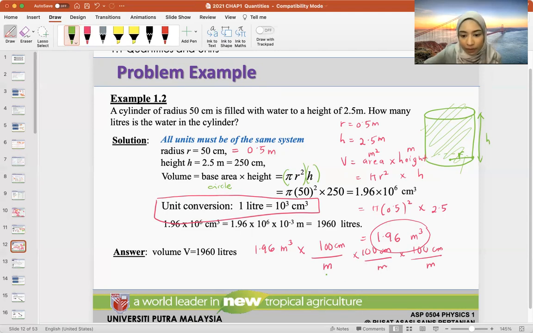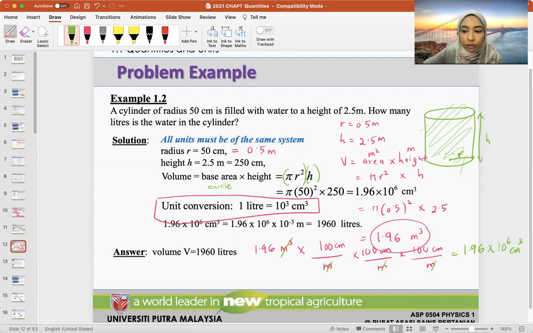So now I can cancel out 3 meters, and I get centimeter cube. 1.96 times 100 times 100 times 100 centimeter cube is 1.96 times 10 to the 6 centimeter cube. Okay, so now it's in centimeter cube.